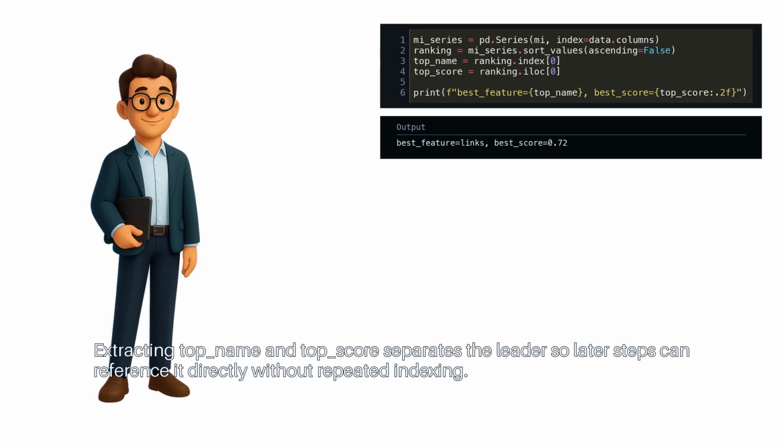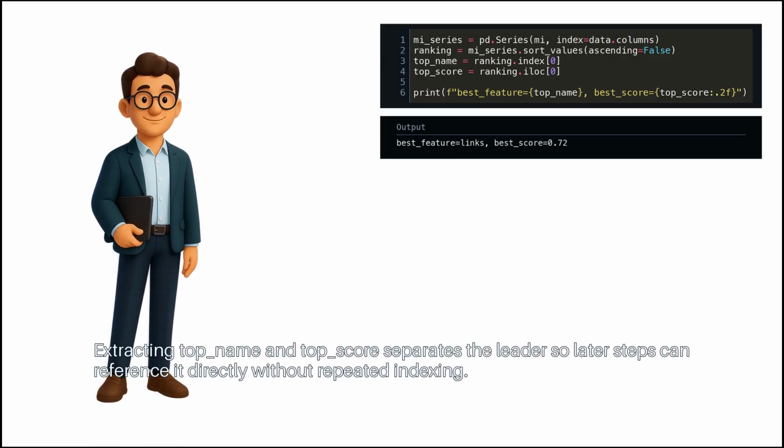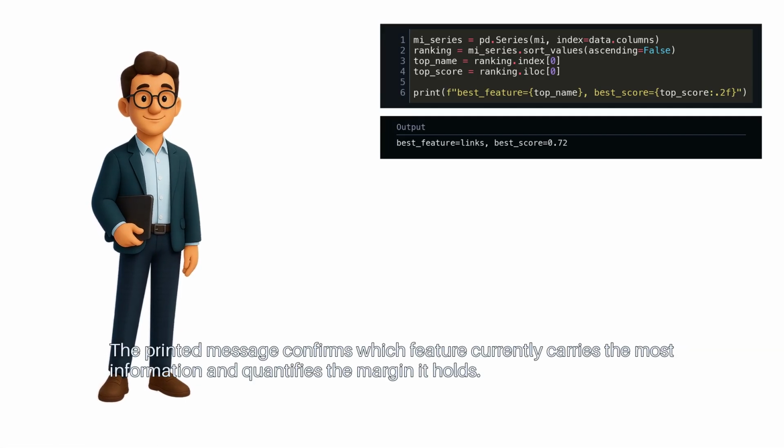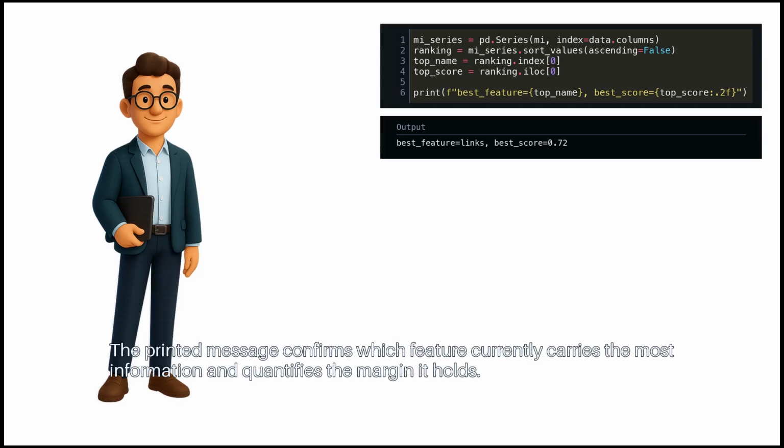Extracting top_name and top_score separates the leader, so later steps can reference it directly without repeated indexing. The printed message confirms which feature currently carries the most information and quantifies the margin it holds.